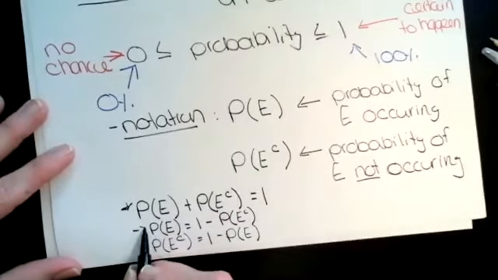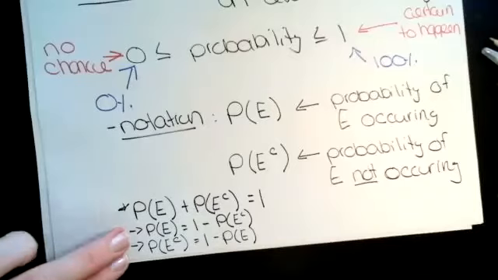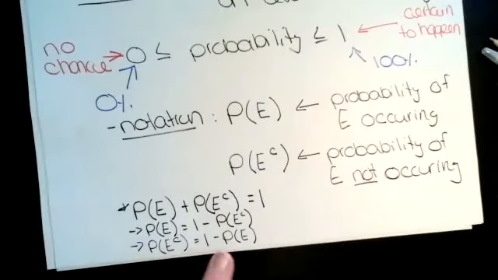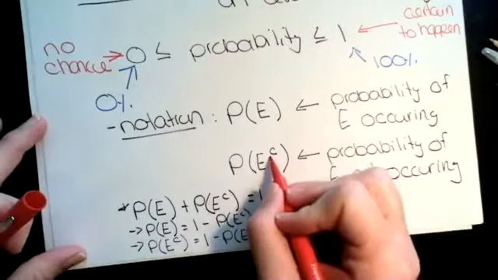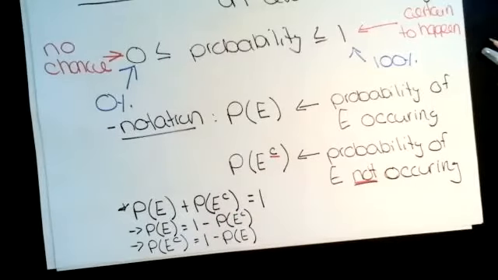So I can use either one of these if I'm solving for one of the probabilities, and it might be easier, or we might know the complement, or we might know the probability of an event occurring. So let me just let that be known. That's what that means. The C is a complement, and it means it's not occurring.